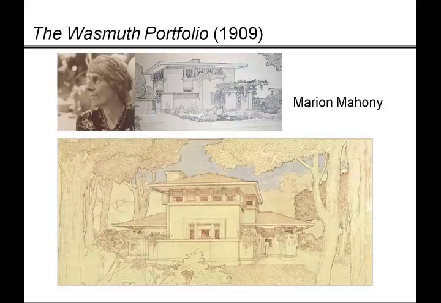I do want to just quickly mention here Marion Mahony. Mahony's drawings, retraced in ink, formed much of what became known as the Wasmuth portfolio, a compendium, of course, of Wright's designs. Tragically, very few of the original Wasmuth portfolios exist today. Many were destroyed in the fire at Taliesin, and others have been lost to time.